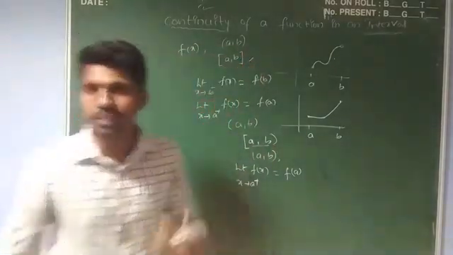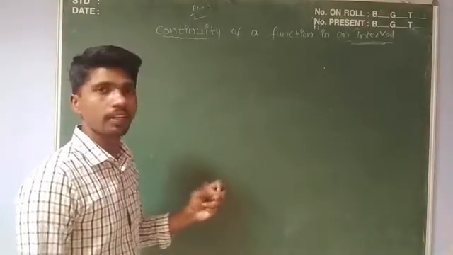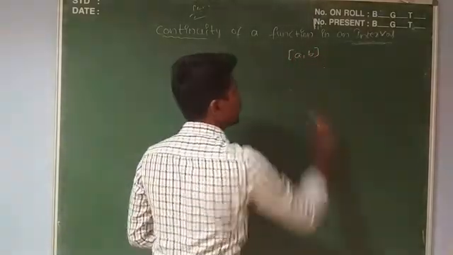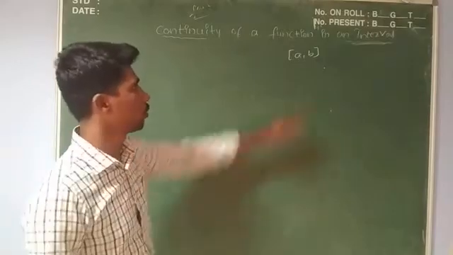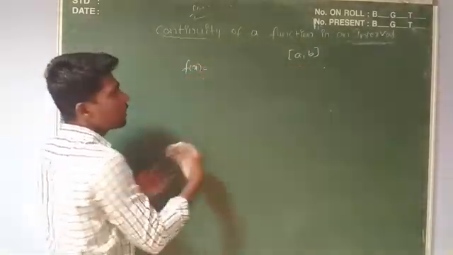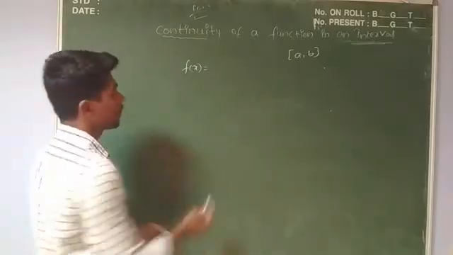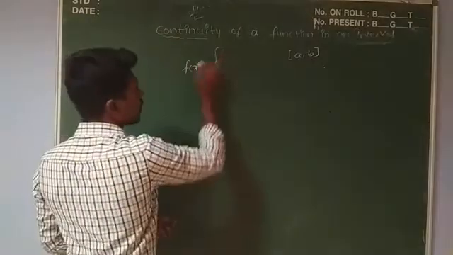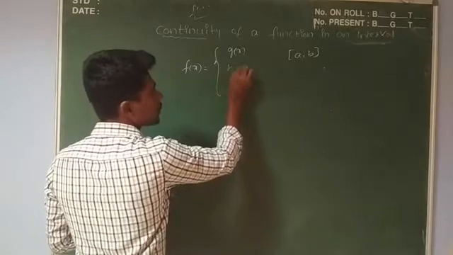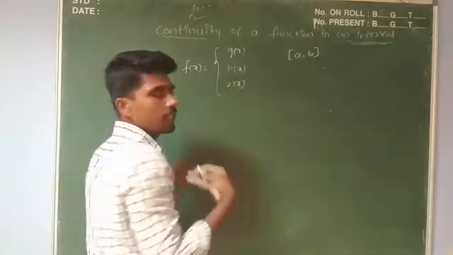Suppose a function is defined in the closed interval a b, and the function is broken into three different functions, like f of x is g of x, h of x, and some other function of x for particular cases.